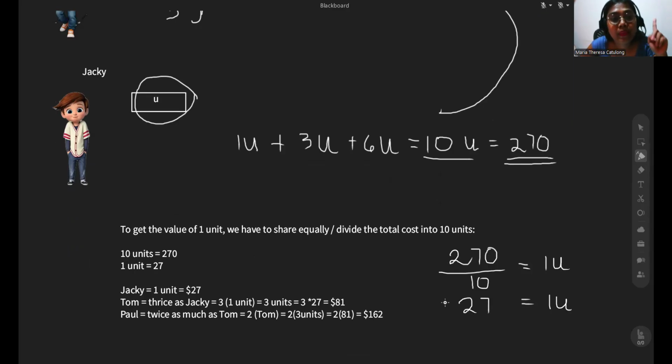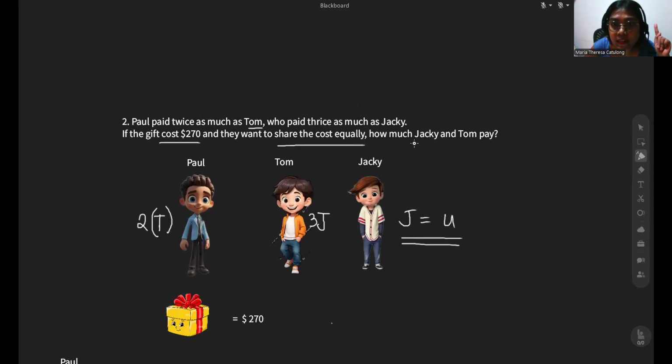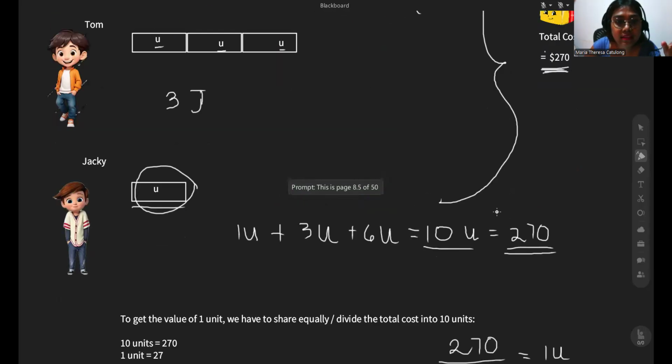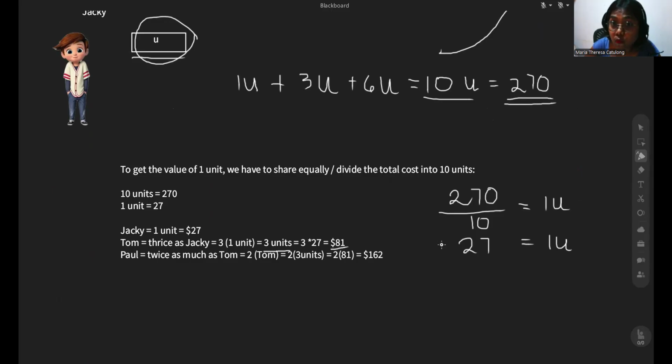So Jackie paid a total of $27, while Tom has 3 units, so we multiply 3 times 27, that is $81. The problem only needs how much Jackie and Tom pay: Jackie paid $27 and Tom paid $81.